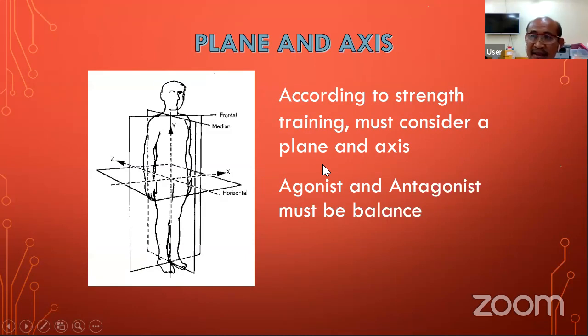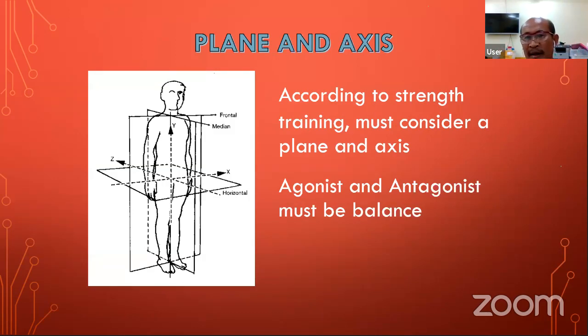I mention this because I want you to be concerned, when you do strength training, that the muscle on the right and the muscle on the left, the right leg and the left leg, the right arm and the left arm are trained equally. The upper body part and the lower body part are trained properly. And the muscle in front and the muscle in the back are trained properly.